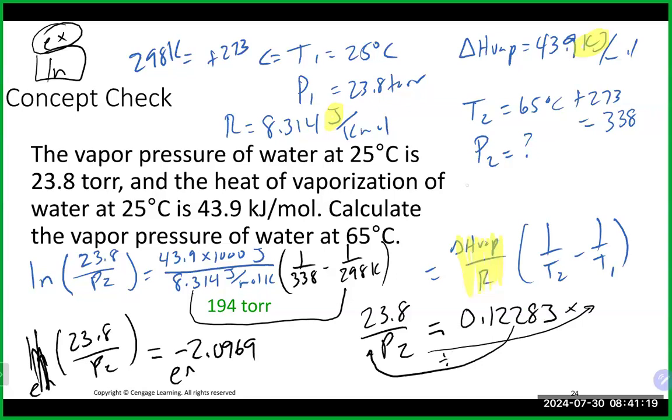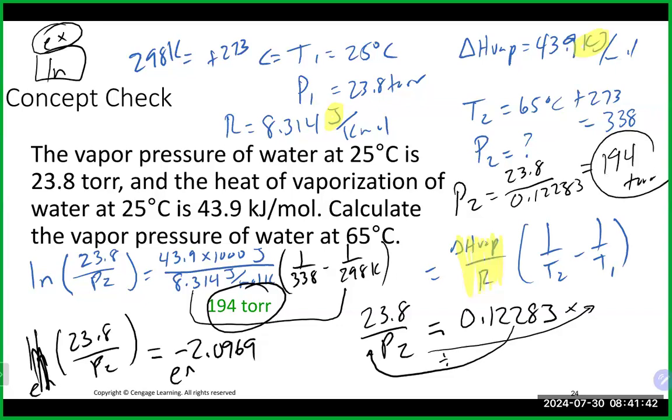So essentially, I will end up with P2 is equal to 23.8 divided by 0.12283. And I will end up with, thank goodness, the answer that's on the screen, 194 basically. And that would be torr in this particular case.